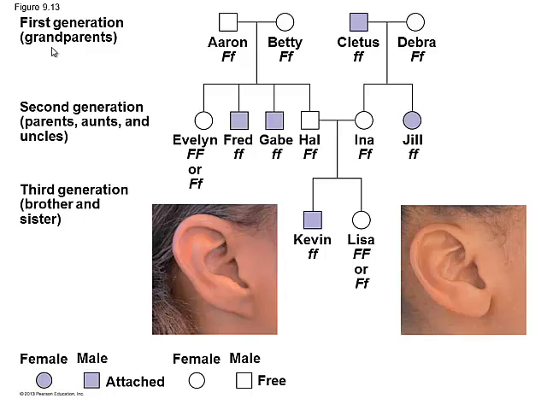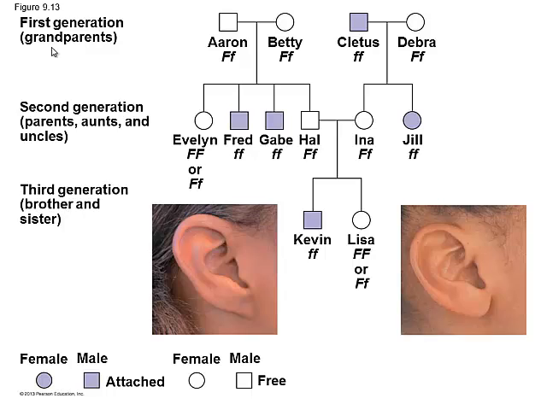It's a dominant trait. So they both had free earlobes, right? And then they had some kids with attached earlobes. How come? Because since they were both heterozygous, some of their offspring were homozygous recessive. Okay?